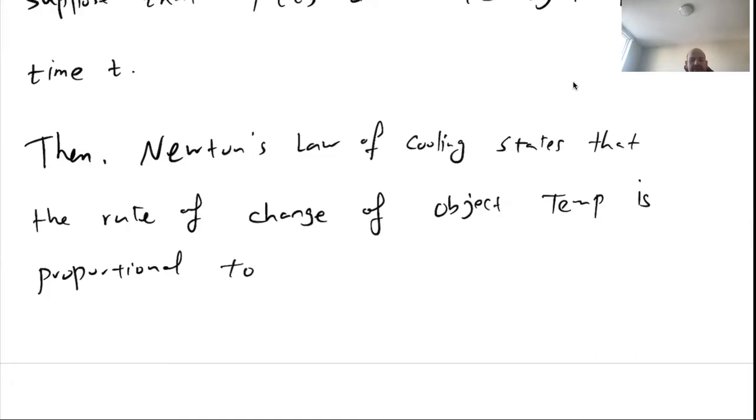So that depends on not the room temperature. For example, let's say if room temperature is hot, but the cup of coffee is also hot, then it won't drop so fast, right? But if the room temperature is hot, but you put in, let's say, an ice cube in the room, then the change in temperature is very fast, right? So the important factor here is not the room temperature, but the difference between room temperature and object temperature.